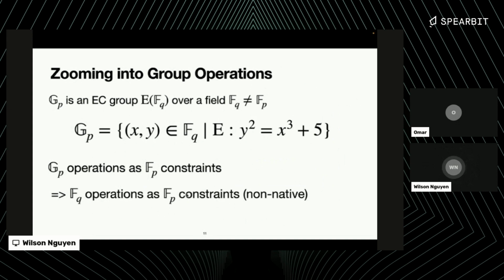And so it basically boils down to, in order to express group operations in a constraint system, we'll have to express the base field operations over the scalar field, which involves a lot of non-native arithmetic. You'll actually have to express modular multiplication and modular addition, but over the original scalar field. And so this will actually end up being very expensive. And so a cycle of curves will actually allow us to express the folding verifier in a more efficient manner.